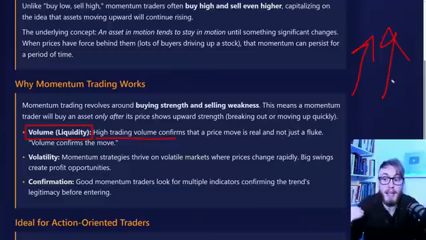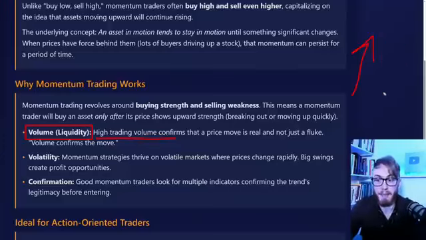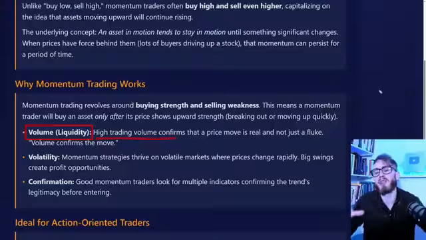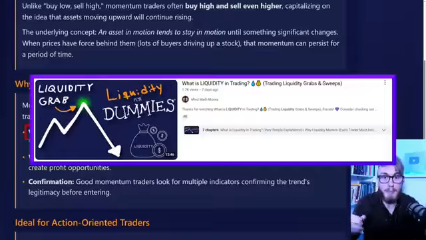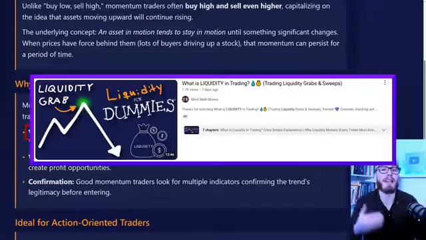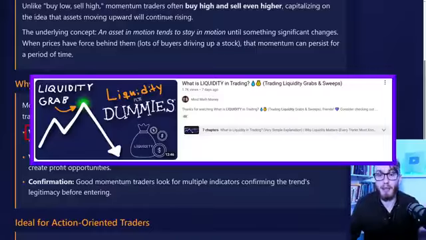We can think about it that more buyers agree that this is a valid move. And by the way, we don't have time to dive super deep into liquidity in this video, but luckily I do have a video where I go deep into liquidity and also concepts like liquidity sweeps and liquidity grabs, and I highly recommend checking that video out to learn more about liquidity.